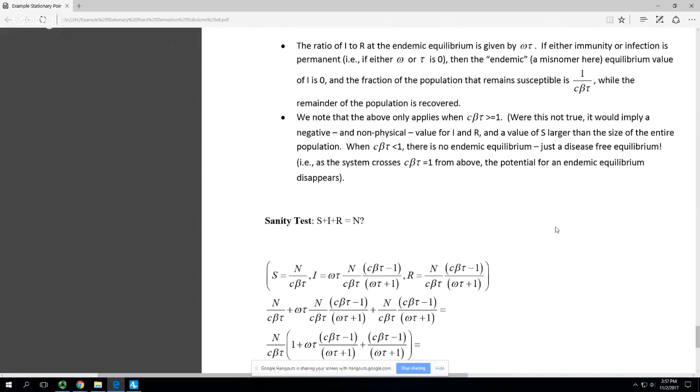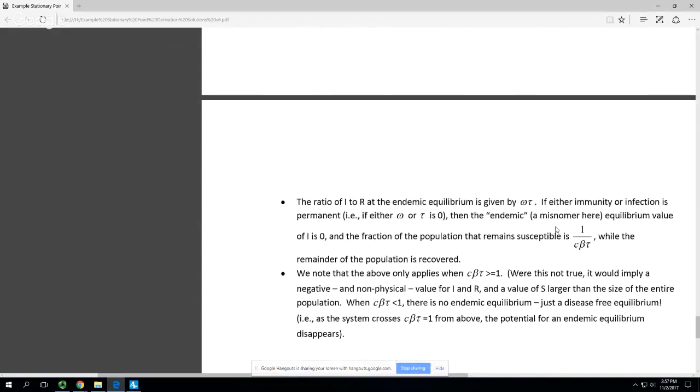Why is that? Why is it that the fraction of the population that remains susceptible at equilibrium, for an endemic equilibrium where there are infectives, why does it have to be the case here that the fraction of the population that's susceptible is 1 over r0? Why is that? Think about that.